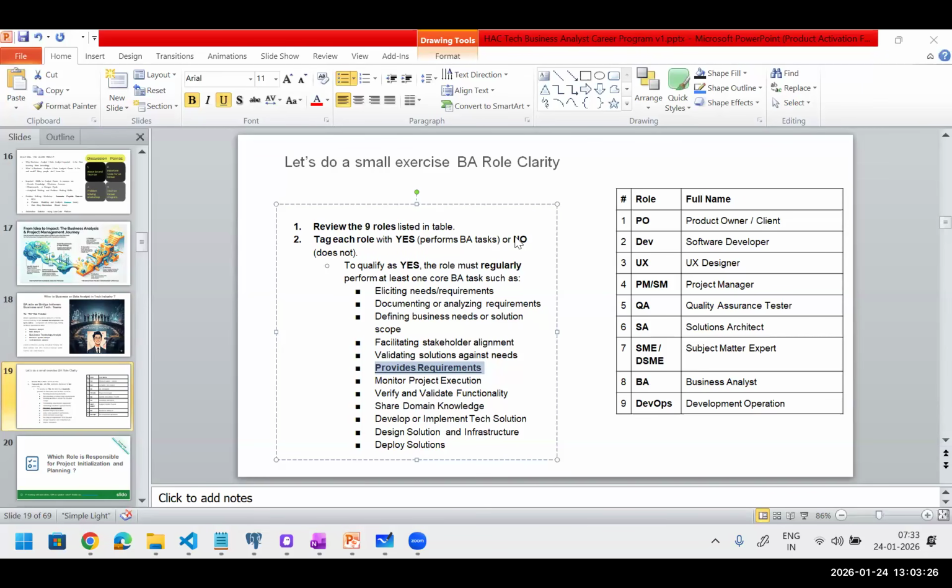SME, domain subject matter experts. Yes, great.